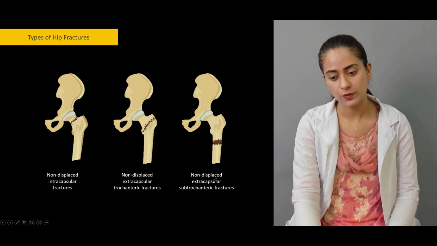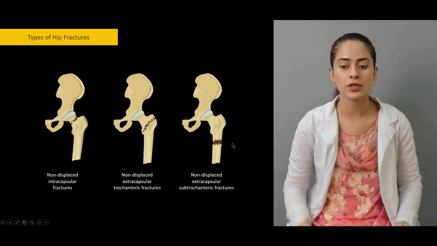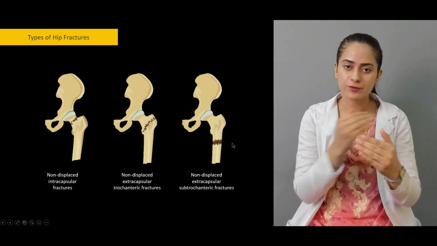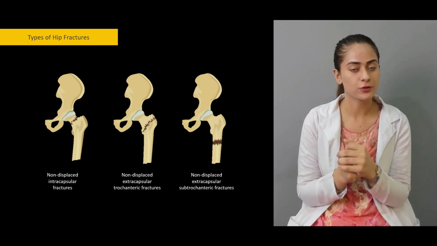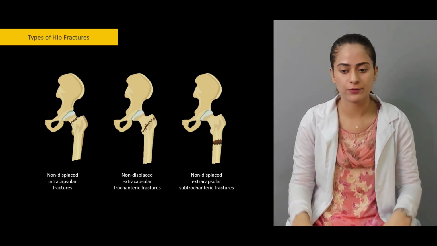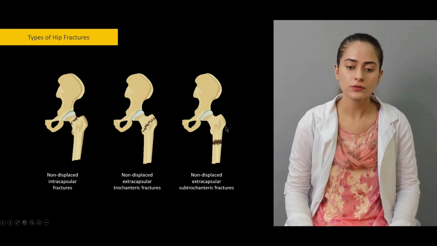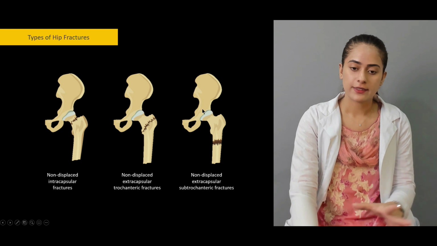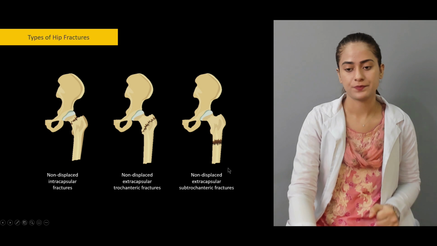Now we have this non-displaced extracapsular subtrochanteric fracture. Subtrochanteric is 5 centimeters below the greater trochanter, and below that we have the shaft, right? So this is a subtrochanteric fracture of the femur, and these all are non-displaced fractures, right?